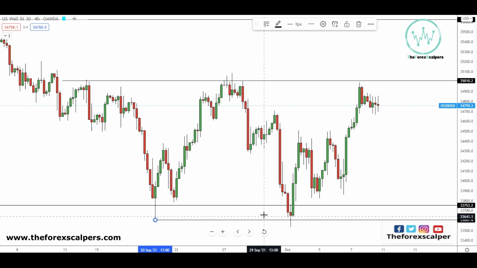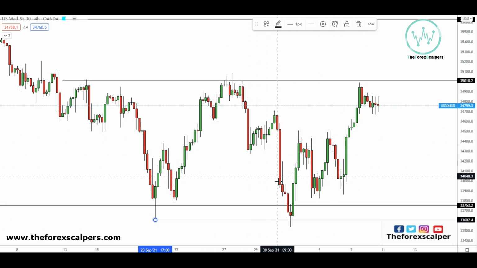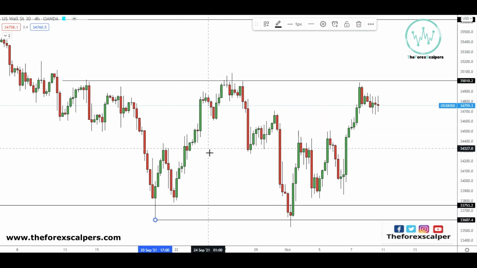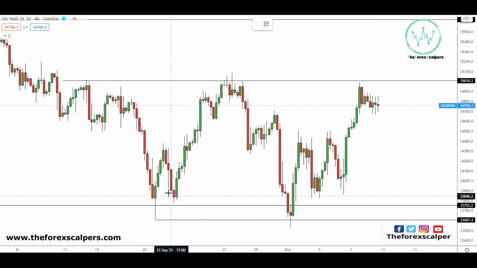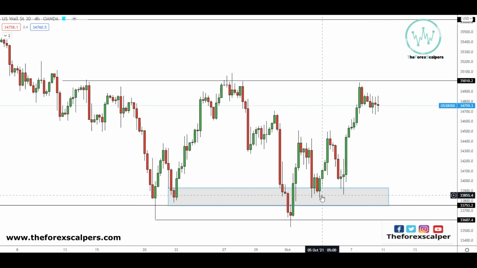We spiked through that level, and we reversed to the upside again to fill that entire range with overall buying power right here. But there's a reason why price reversed at this level. I agree, there were lows, like I explained, but there is also a pretty important level right here. This is an institutional level, 33,800 round number, around 34,000, which is equal to a round number.